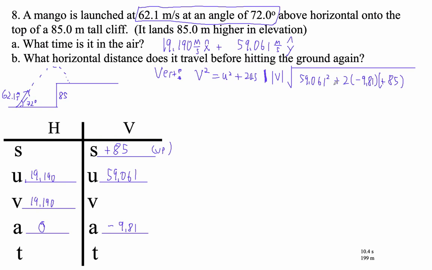So square root of, I gotta use parentheses here, that guy squared, plus, and notice that this term here, since that's positive, the g is negative, so this term here is going to take away from that term, okay? So 2 times negative 9.81 times 85, and then I got to end my parentheses here.